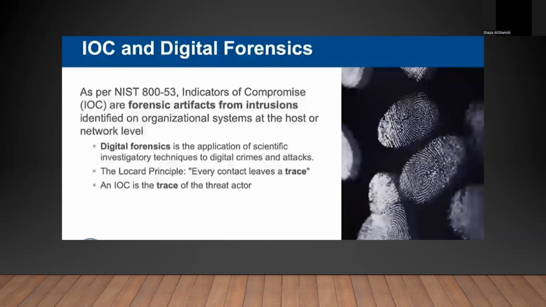I have digital evidence extracted from intrusions, identified on an organization's system at the host or the network level. So I'm now not talking only about clues. I'm talking about digital forensic evidence, and this digital forensic evidence is extracted from one of my host machines or one of my network machines that shows that something malicious is happening.